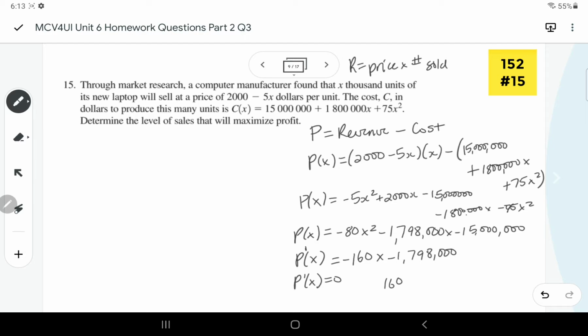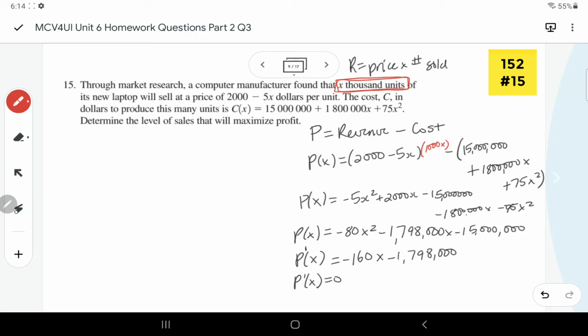Sorry, I stopped this because I realized I made a mistake. Let me highlight, and maybe this is what went wrong for you guys if you didn't get this question. I missed that it's x thousand units. So the number of units they'll sell is 1,000 times that, so this has to be in here: 1,000x.